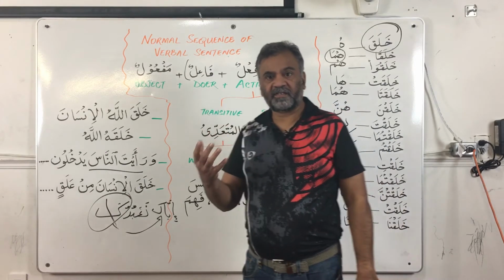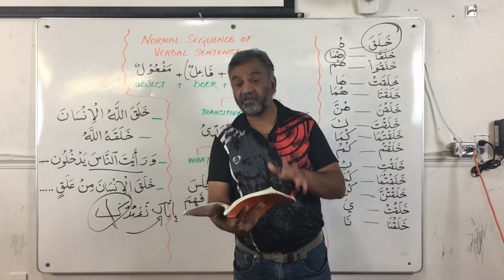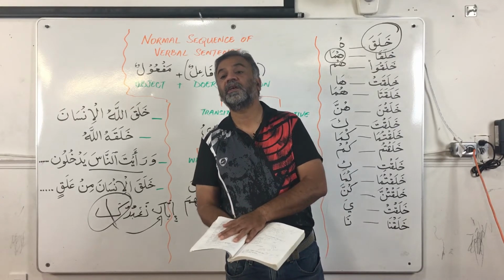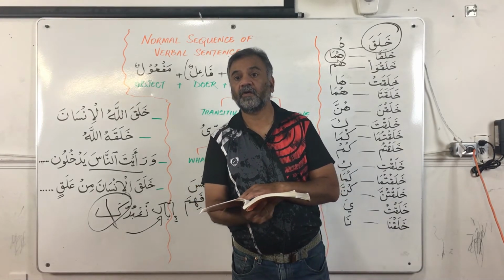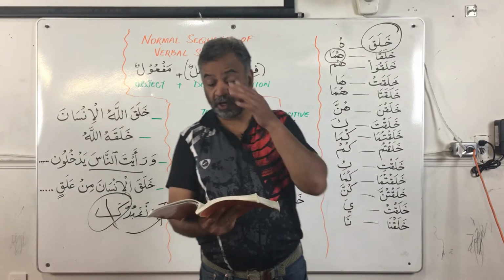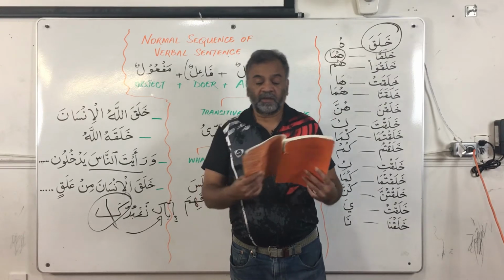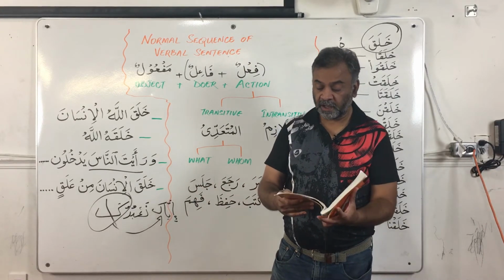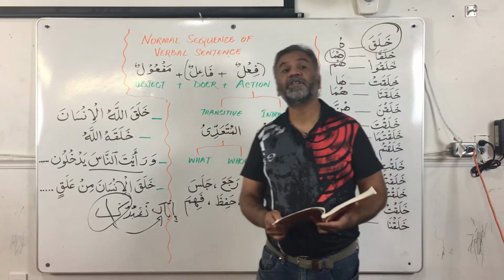Let's practice something. Lesson number 5, page number 30 in the old book, and page 42 in the new book. This is a conversation between Ali, Hamid, Abbas, Talha, Faisal and the teacher.